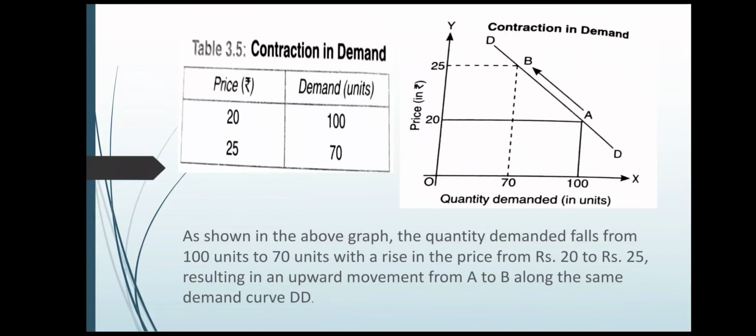Okay, so from point A there is an upward movement to point B. As shown in the above graph, quantity demanded falls from 100 units to 70 units with a rise in price from rupees 20 to rupees 25, resulting in an upward movement from A to B along the same demand curve DD. So this was about contraction in demand.